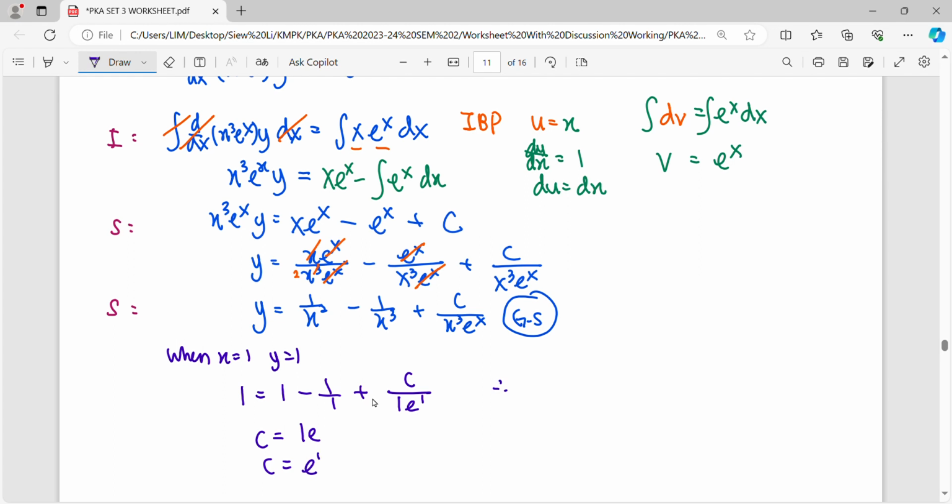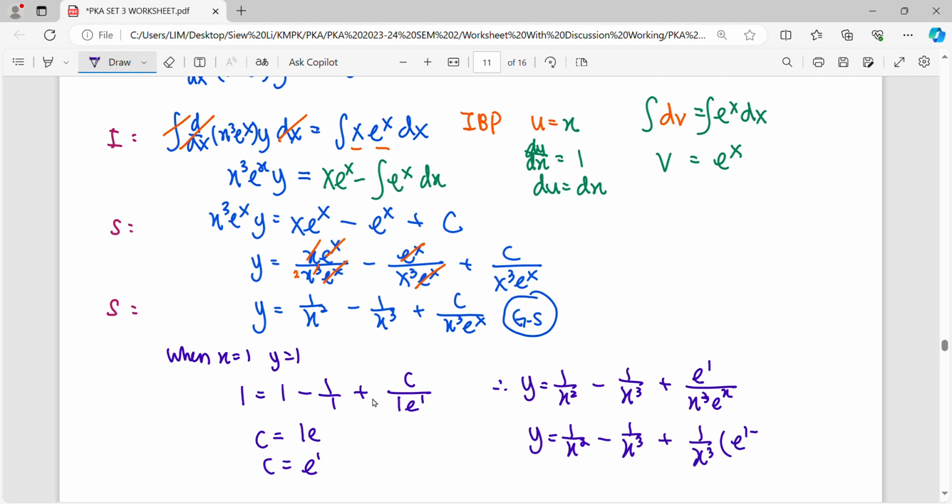Therefore, y equals 1 over x squared minus 1 over x cubed plus c over x cubed e^x, where c is e to the power of 1. Or in another way, we write it by simplifying the exponential term, so it will be 1 over x cubed e^(1 minus x).